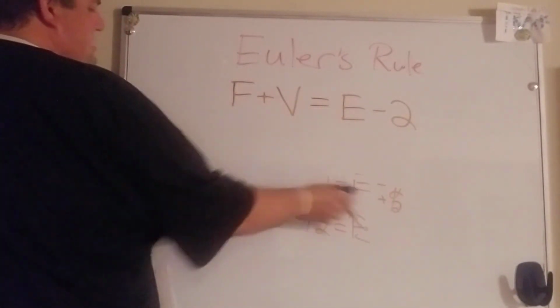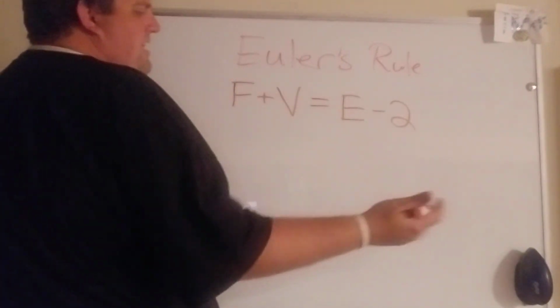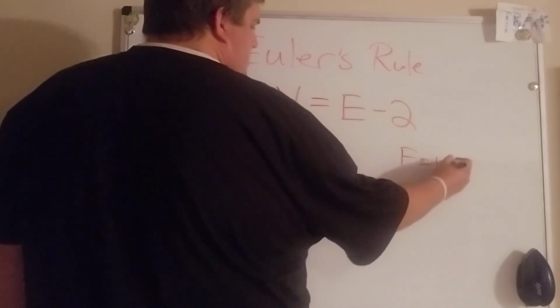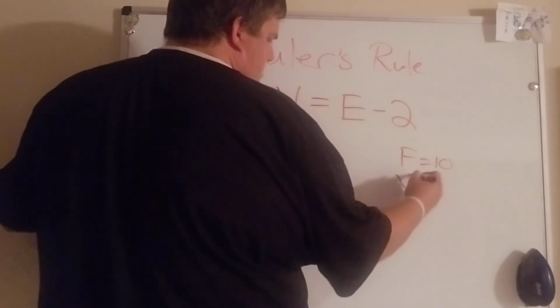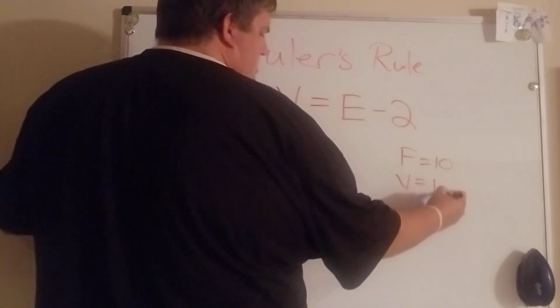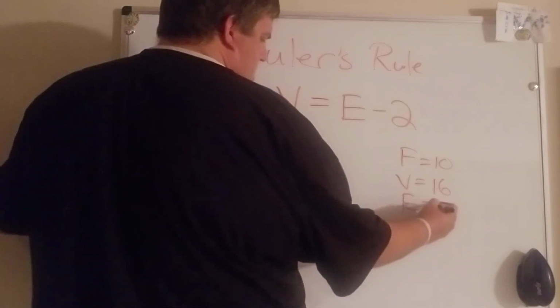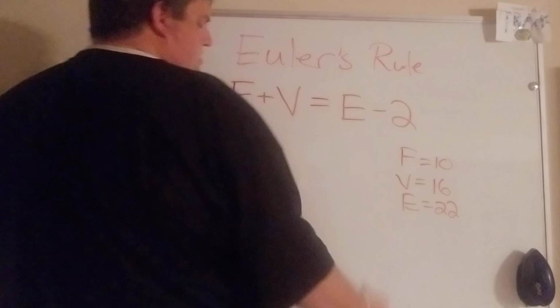The other way we can use Euler's formula is maybe they give me some options and say, hey, could this make a solid shape if we had 10 faces and 16 vertices and 22 edges?